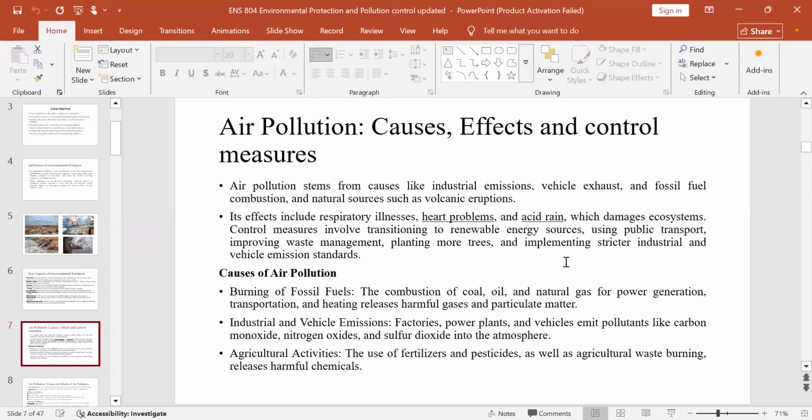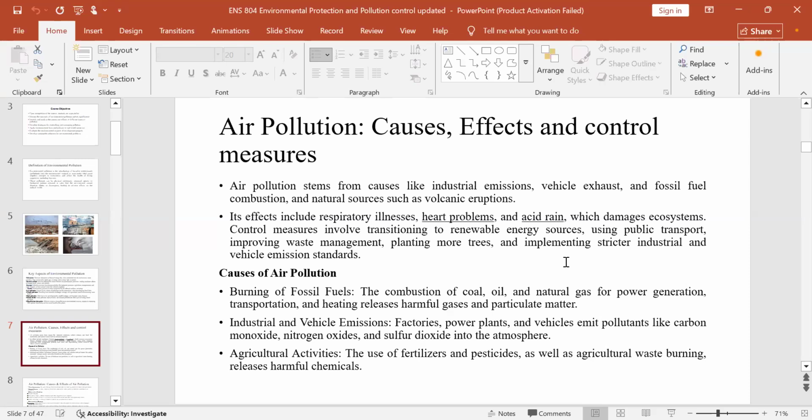And this causes a lot of damage to the ecosystem. It defoliates vegetation, it kills vegetation, it modifies the water environment, and causes death of life forms.